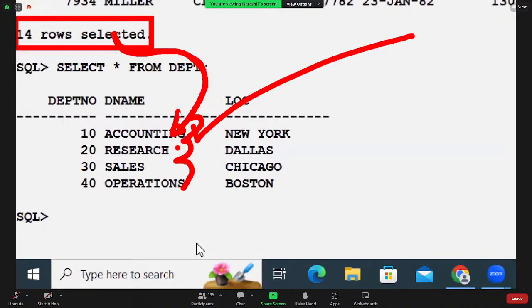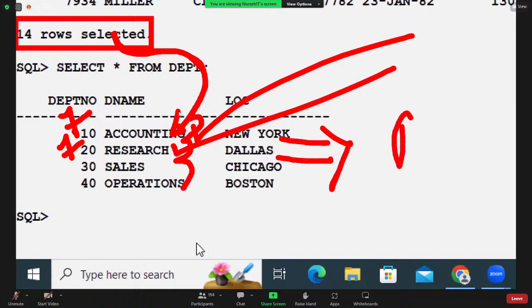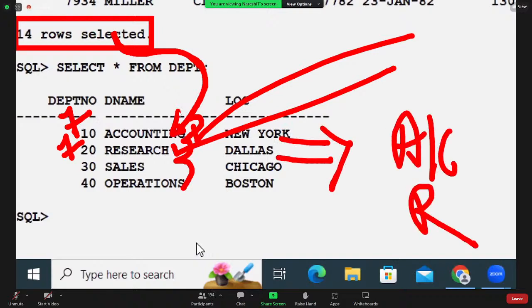Some people are working in research, then research will be taken. That means 7 people are working in accounts and 7 people in research. So these 14 employees are working under accounts and research only. The remaining 2 departments are also in my company, but are employees working there? No. So my answer is accounts, research. Yes or no? That is what I need to find out.